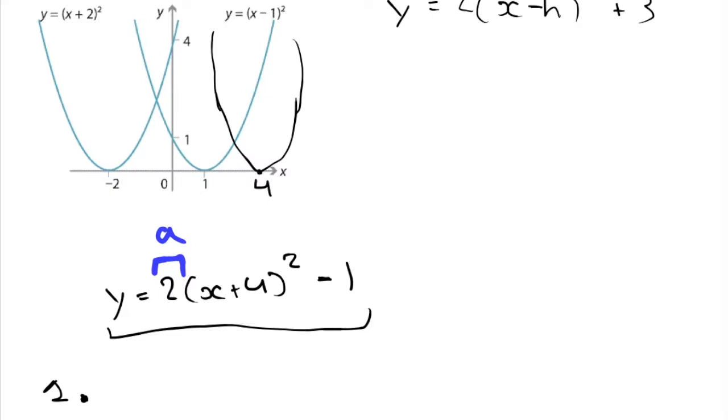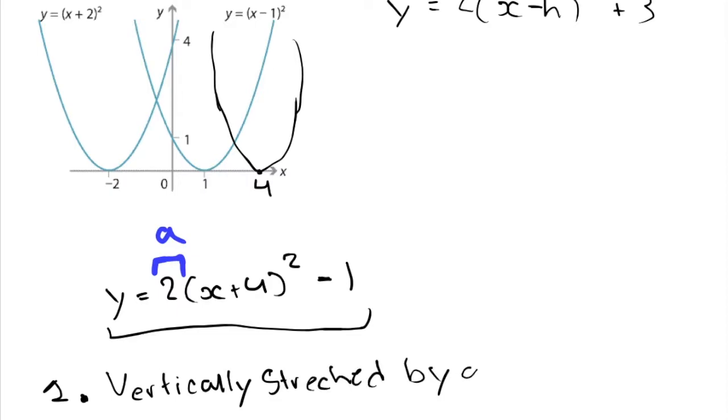So we have to write it was vertically stretched by a factor of 2, right? So now that we have that, we need to write if it was reflected in the x-axis or not.